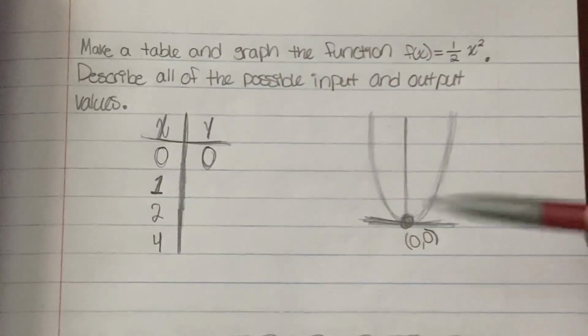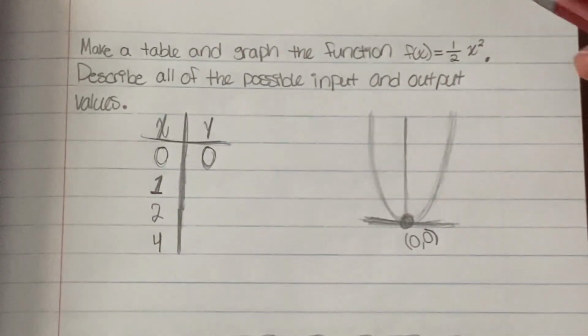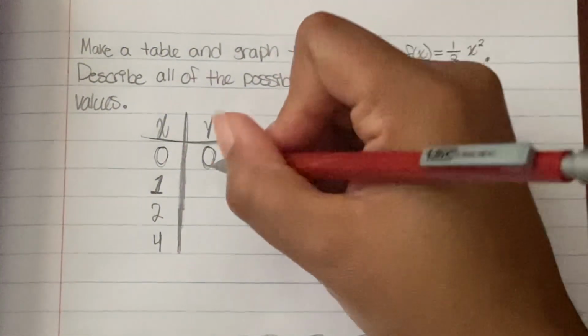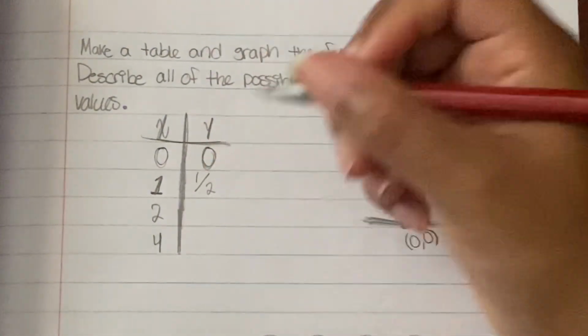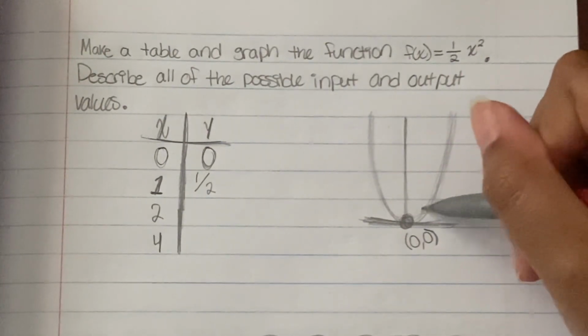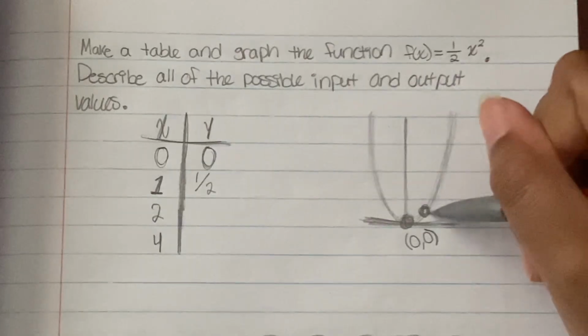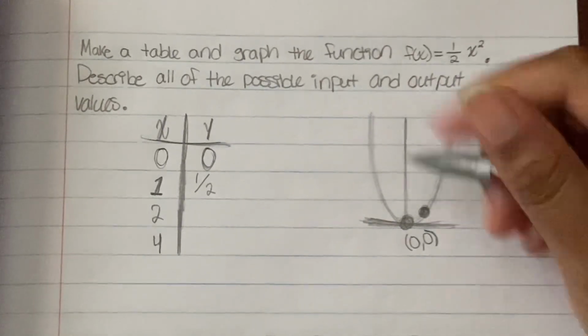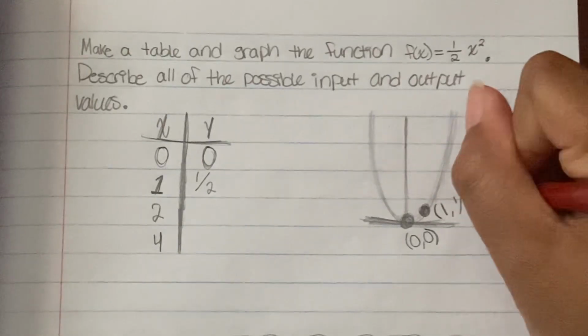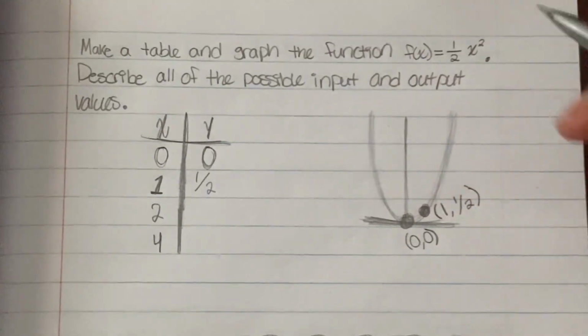Now when we put 1 in there, f of 1, 1 squared is just 1, so 1/2. So go over 1, and 1/2. I probably should have zoomed in on this part, but I did make that tiny. That is on me. Okay, 1 and 1/2.